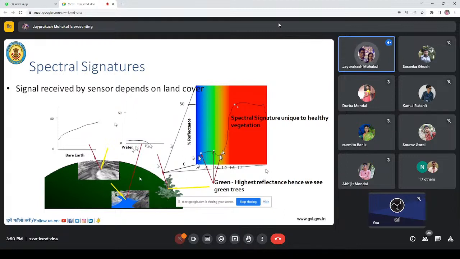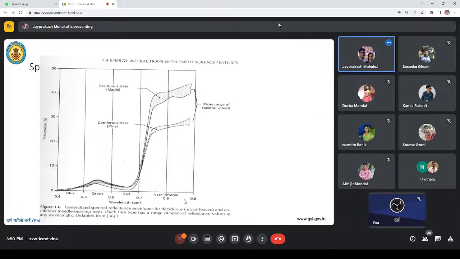And whenever you are going for interpretation of satellite data, this idea about the spectral reflectance curve helps you to do quantitative analysis, right? Then again, this is a generalized spectral reflectance curve.